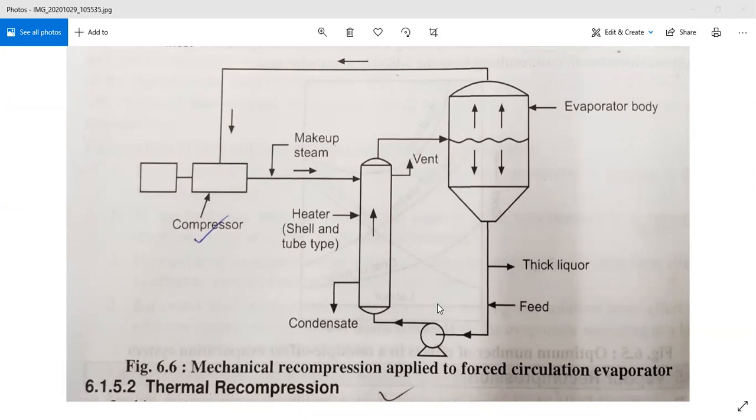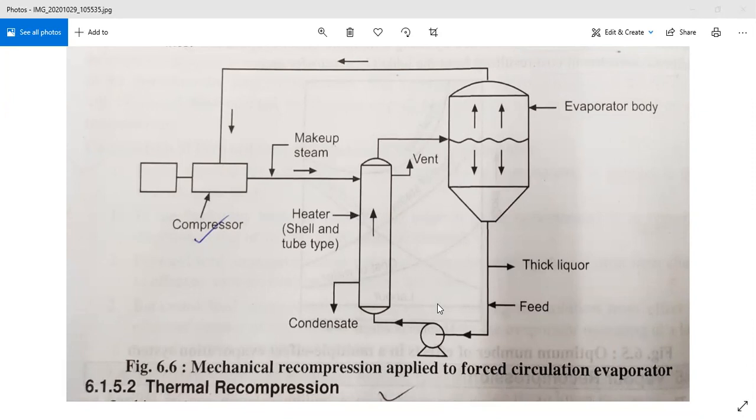If you are feeding 1 kg of steam to the single effect, then the kg of water evaporated is always less than 1 kg. For example, if 0.7 kg of water is evaporated, then 0.7 divided by 1 is less than 1. Whatever the number is, it is always less than 1, which is found experimentally. Now, how to increase the economy?